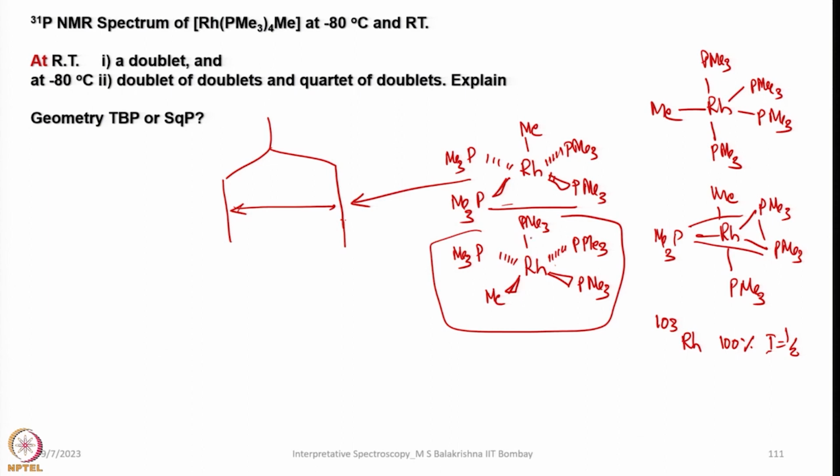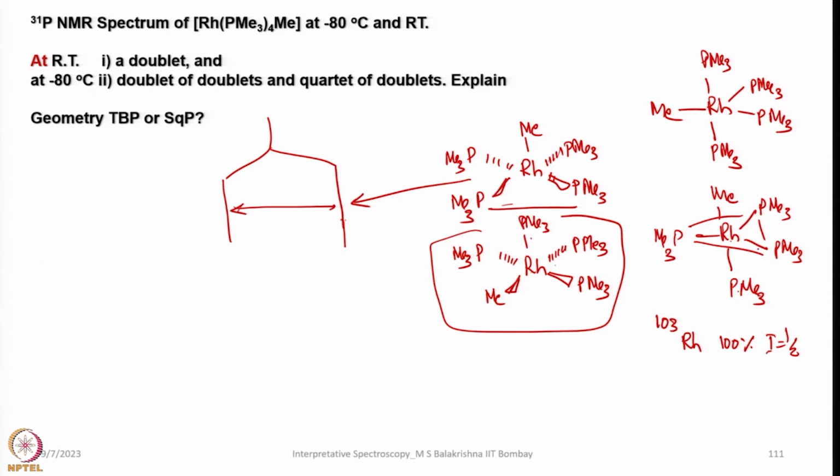So first, let us say this will couple with this one to give a doublet. This one will couple with this one to give a doublet, and each line will be a quartet. The same thing is true in this case also. If you see here, this is coupled with rhodium to give a doublet, and each line in the doublet will be split into 1, 2, 3, so a quartet here.